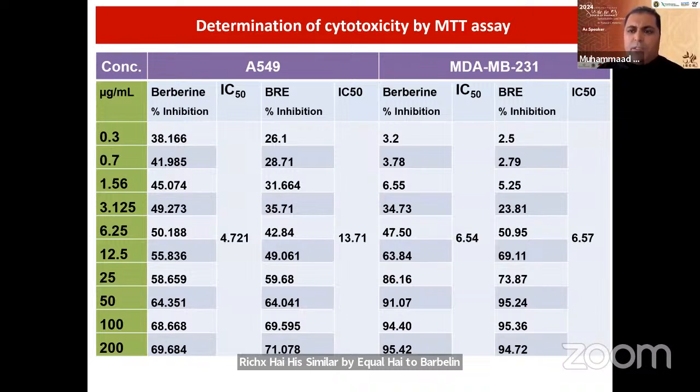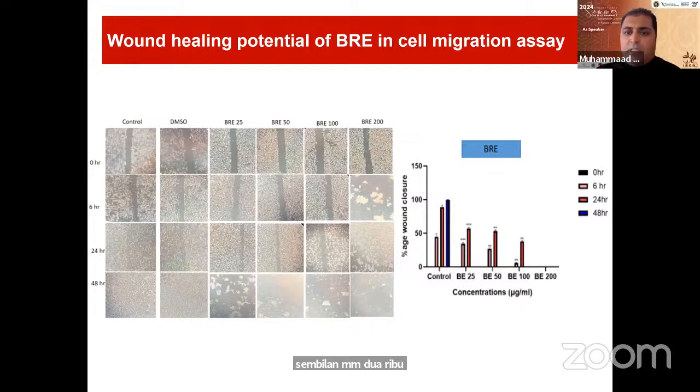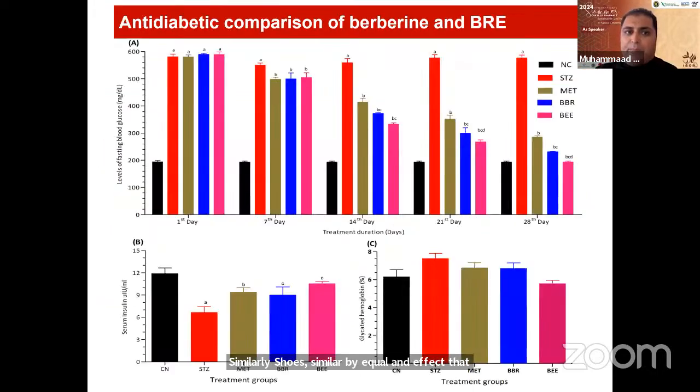We also performed an MTT assay to study the safety of the berberine-rich extract, and we found that at the IC50 level, the berberine-rich extract and berberine have almost similar inhibitory effect in both cell models, A549 and MDA-MB-231. In wound healing, similarly, berberine-rich extract shows a bioequivalent effect to berberine.